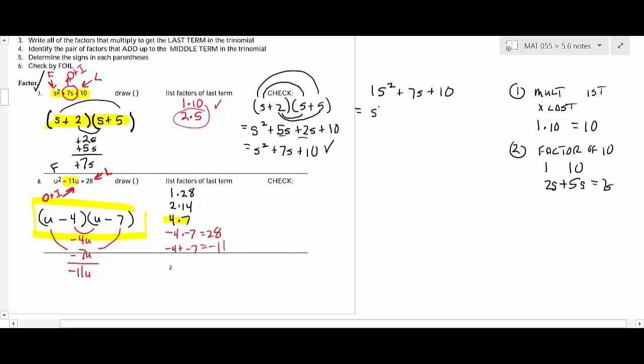I'm going to replace the 7s with 2s plus 5s. It doesn't matter which order you put it in. I can do a 2s there and a 5s there, and then bring down the plus 10 like that. You're still using the same concept. You're looking for numbers that multiply to give 10 and add up to 7. One thing that's good about doing it this way is it helps you review your factor by grouping.